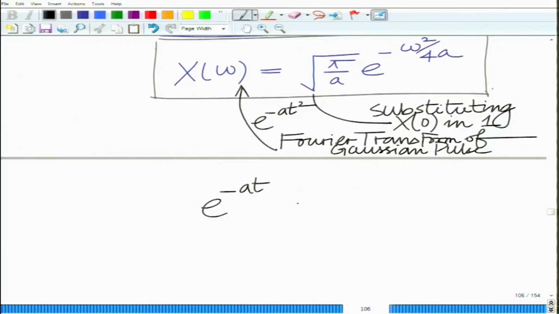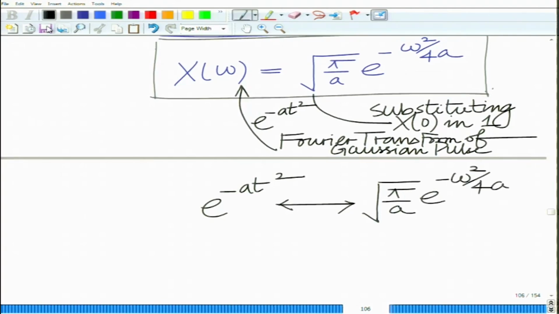So, the signal e raised to minus a t square has a Fourier transform square root of pi over a, e raised to minus omega square over 4a. That is the Fourier transform of the Gaussian pulse.